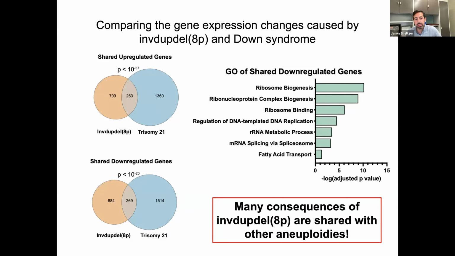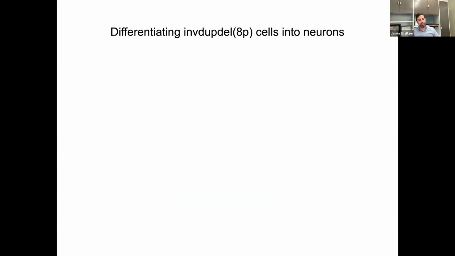And I think we can learn some things about 8p syndrome by looking at these other aneuploidies like Down syndrome, as evidenced by the fact that cells derived from an individual with Down syndrome share all of these gene expression changes compared to cells donated by an 8p hero. So that's what we found when we looked at the gene expression consequences of inversion duplication deletion 8p.